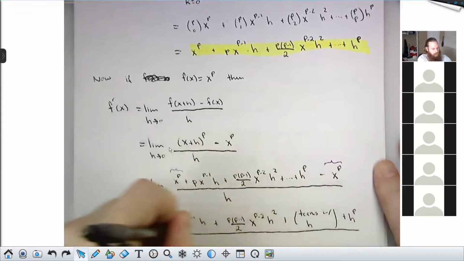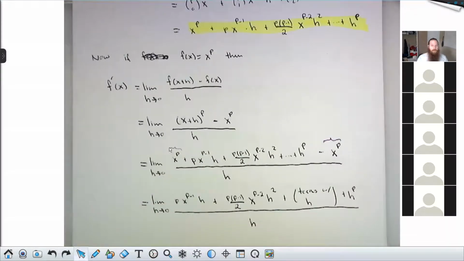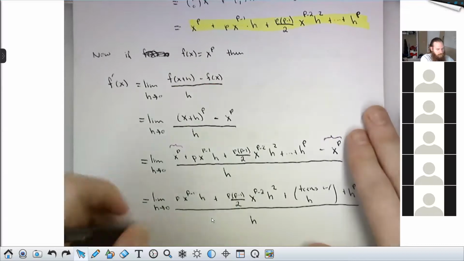All of this still being divided by h. So this guy has an h. This guy has an h squared. All the terms hiding in the dot dot dots have larger powers of h, and this very last term has h to the p. So when we factor an h out from the top here, that is our next move.